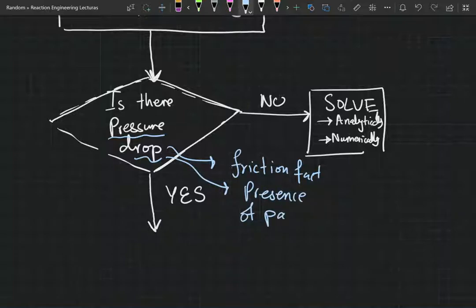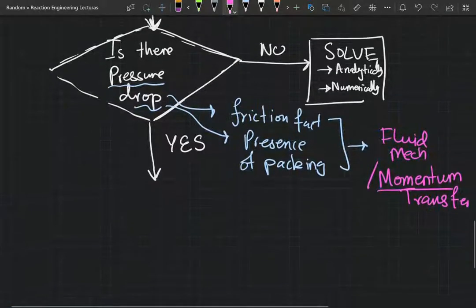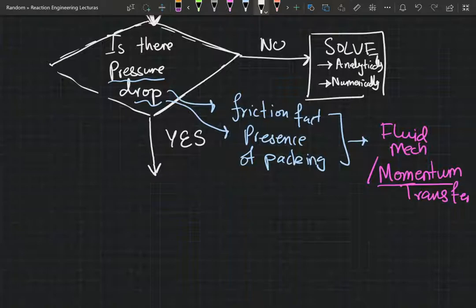So pressure drop is basically a momentum transfer problem, a fluid mechanics problem. If you've taken a fluid mechanics class, then you've had some exposure to it. If you've taken a transport phenomena class, you've gone over momentum transfer probably. If not, that's okay. We're going to make do with what we have.